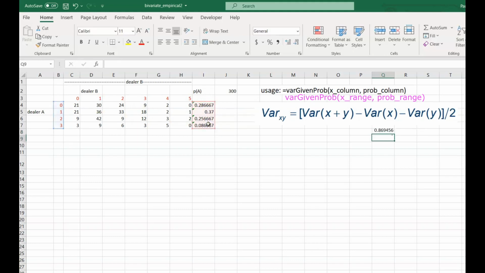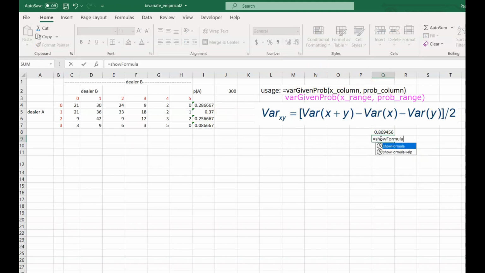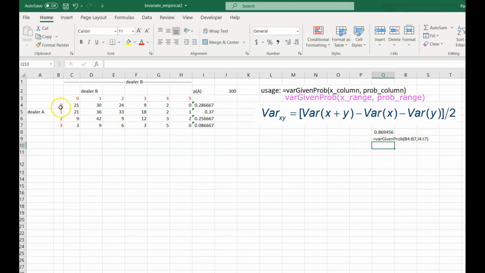Then we have our result. So this is the formula. I'm going to use show formula. So this is B4 to B7, the X column values, and I4 to I7, the probability.